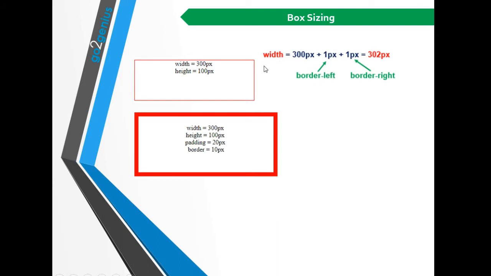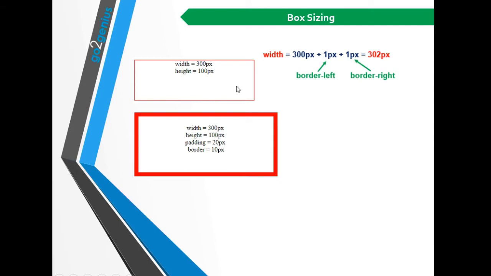Here the width will be calculated like 300 pixels, the default width, and 1 pixel added for the border left and 1 pixel for the border right. So now the actual content area width is 302 pixels for this element when we have not applied any padding.